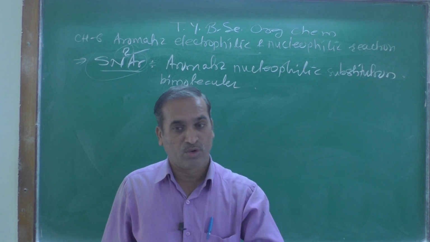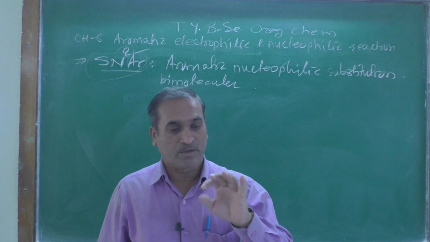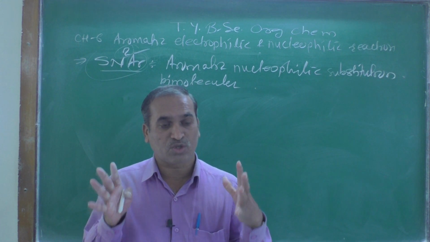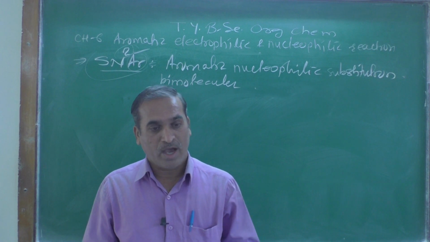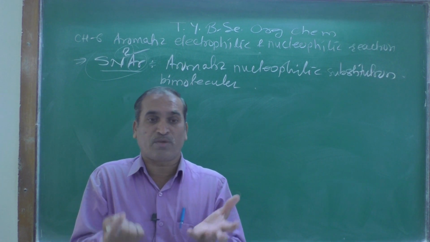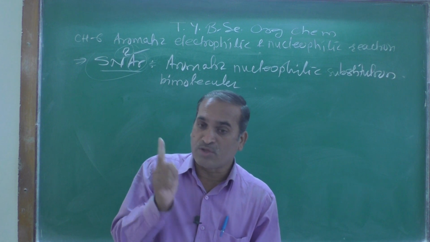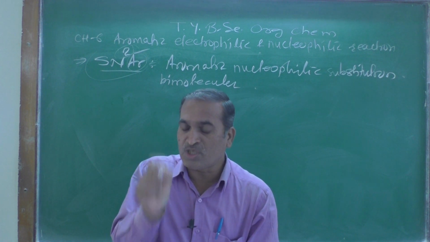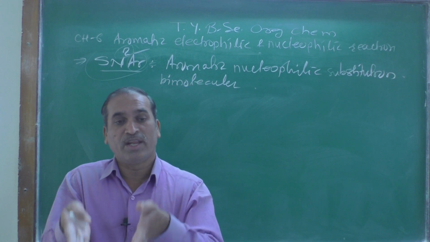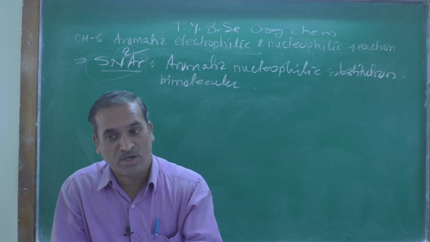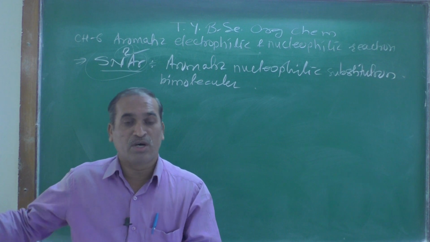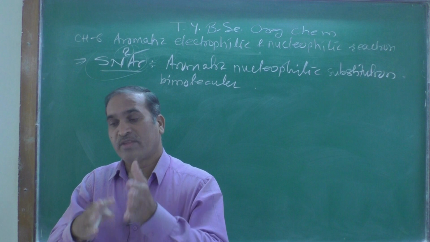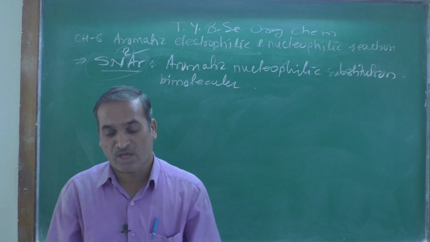In such cases the nitro group is a strong electron withdrawing group, and it withdraws electrons from the benzene nucleus, so that benzene becomes electron deficient in nature, and therefore the nucleophile approaches the benzene nucleus, and a reaction takes place.